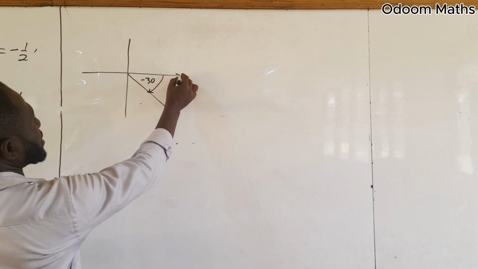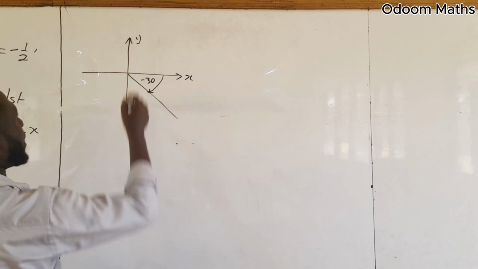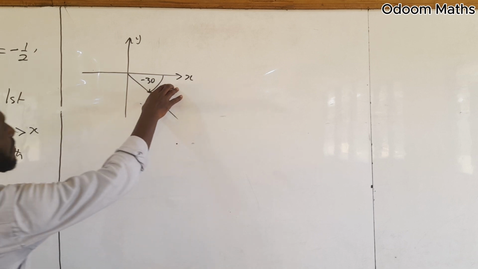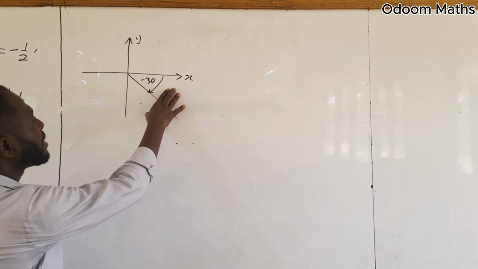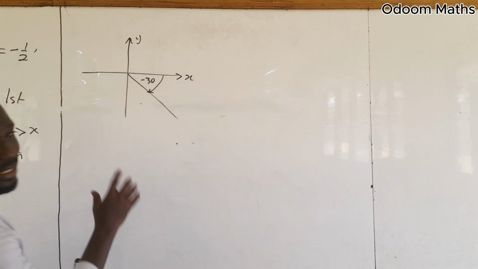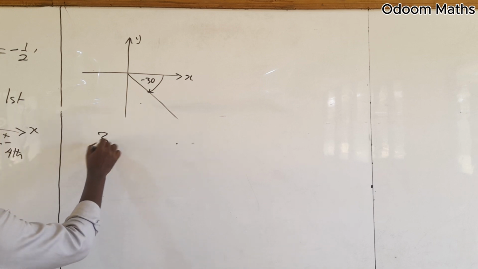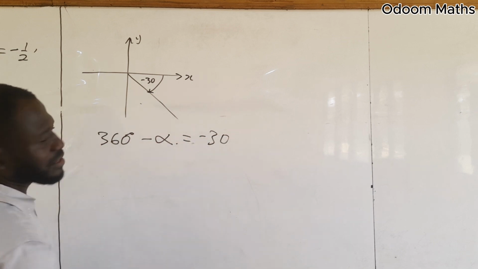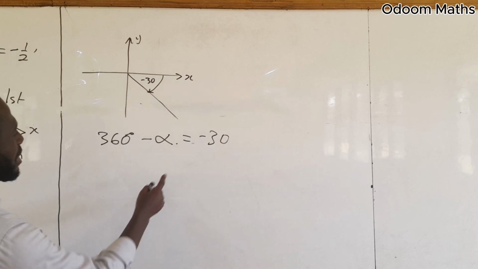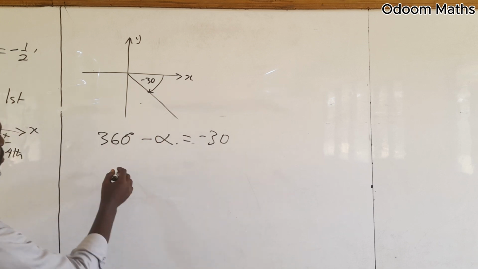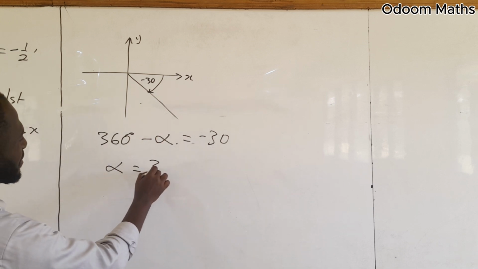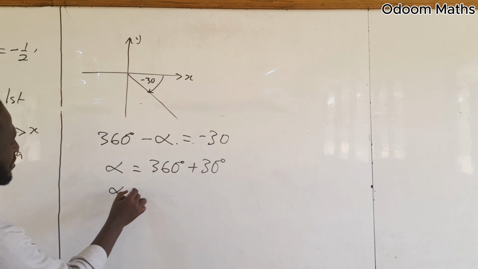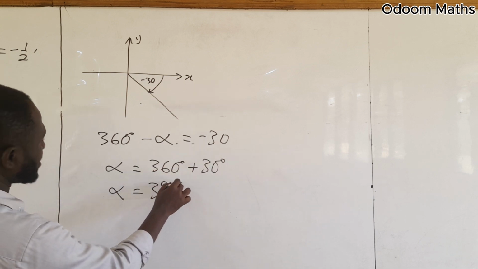Let me indicate this is x and then y. Since in the fourth quadrant alpha is less than 360, then 360 minus alpha should be equal to negative 30. So alpha becomes 360 plus 30 degrees, and alpha is going to be 390 degrees.